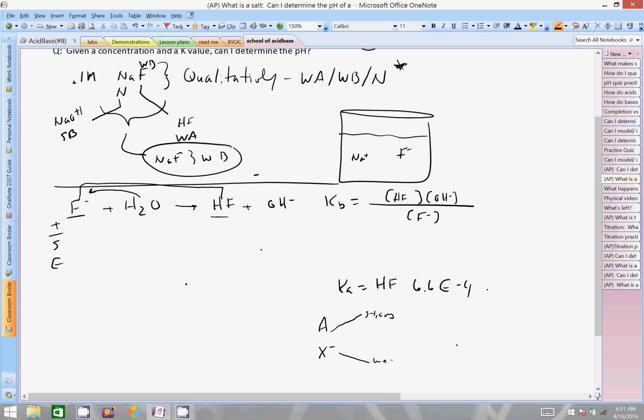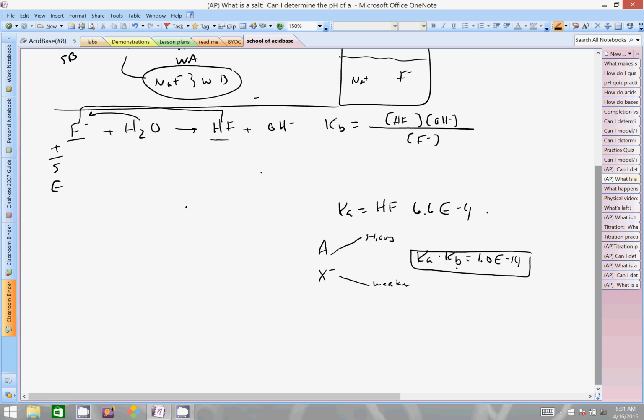So they have a formula for this, which is the Ka times the Kb equals 1.0 e to the negative 14th. Very important formula. It's on your laminated sheet for the AP test. And if you're given one of them, you can solve for the other half of the conjugate pair.